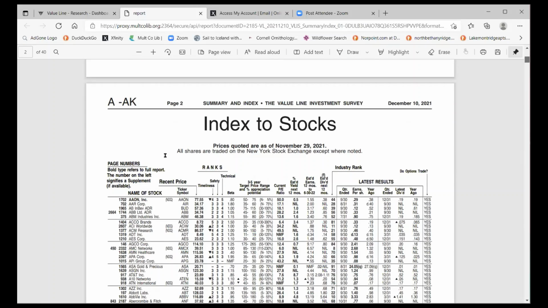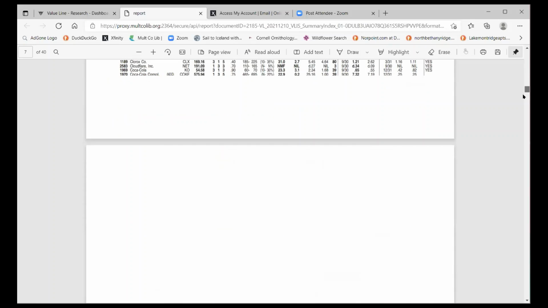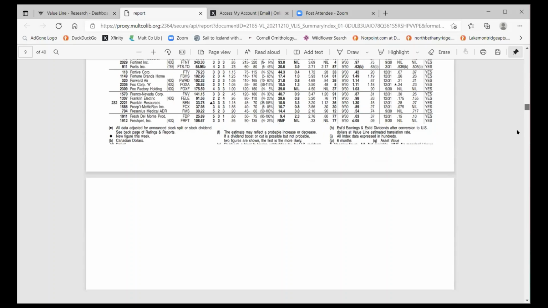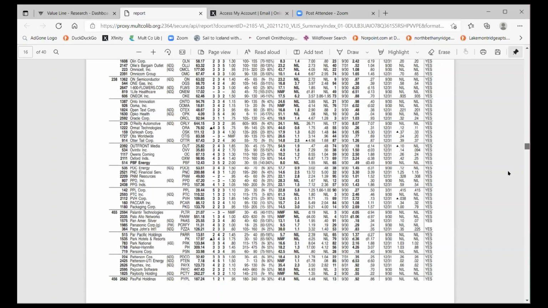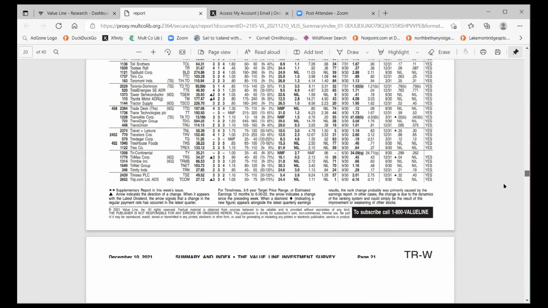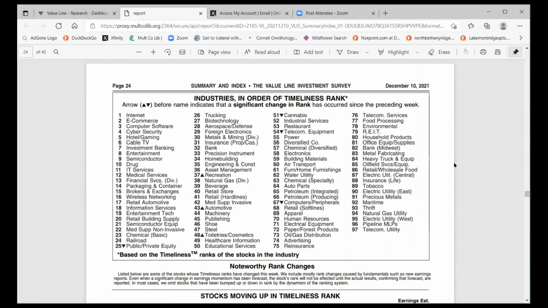So as you see here, it is an alphabetical index of the stocks and information. What I'm seeking is at the bottom, so I'll pull all the way to the bottom. It's long and ugly because it's about 1,500 stocks. The first thing I would look at each week really would be this.